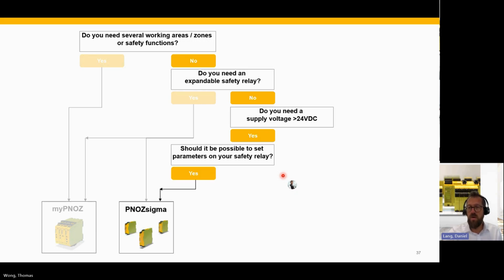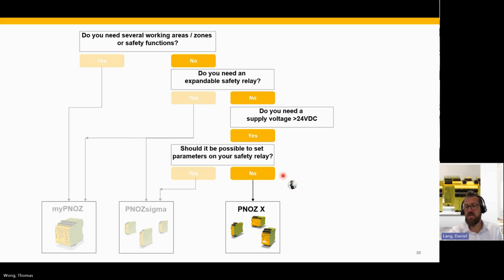If yes, then also Pnot Sigma is the best fit because it handles everything. If you do not need these parameters to be settable because it's clear that you only want a start or an automatic start or no cross-check with pulses or a short, then the Pnots X is your best fit.